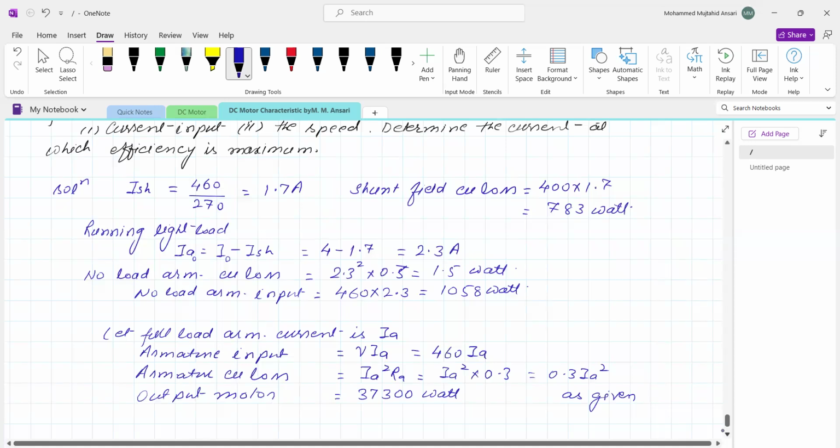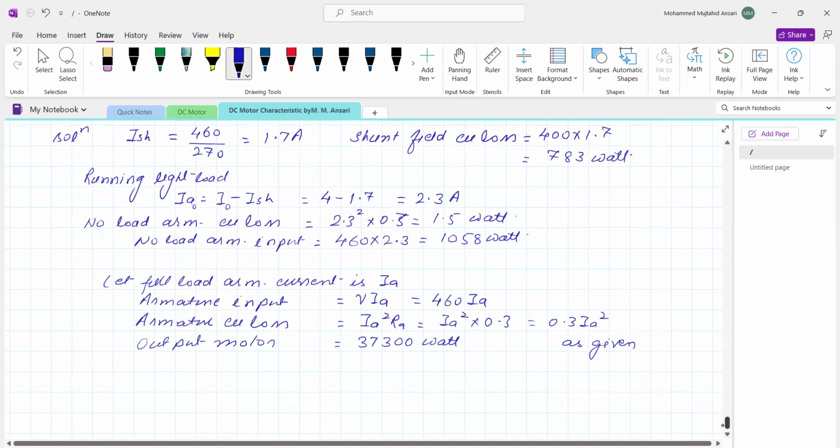Now from the power stages, we can say that the motor input is equal to the motor output plus constant losses plus armature Cu loss.